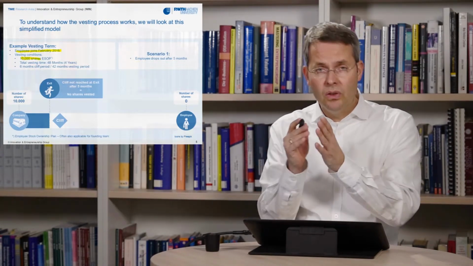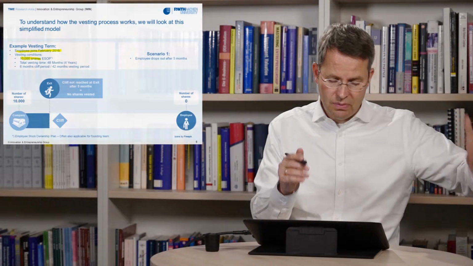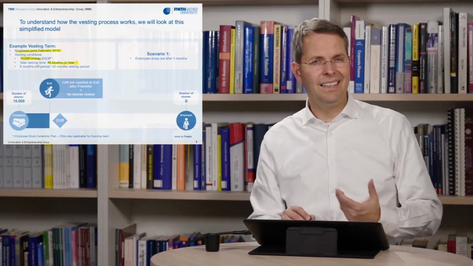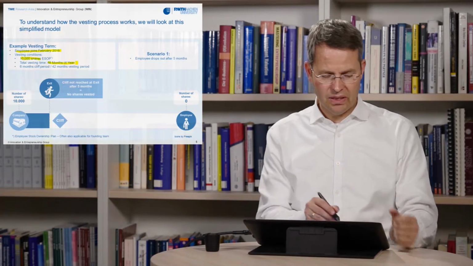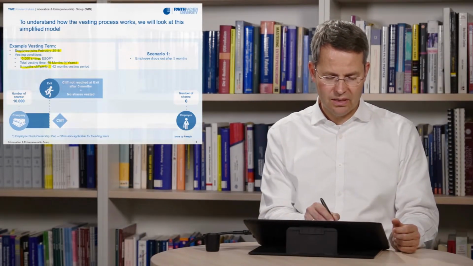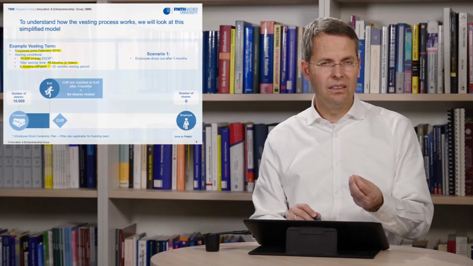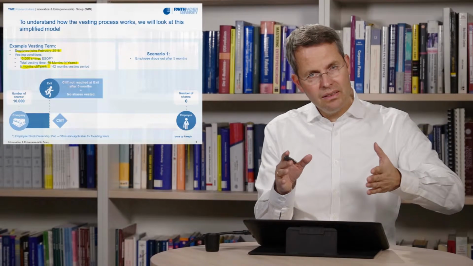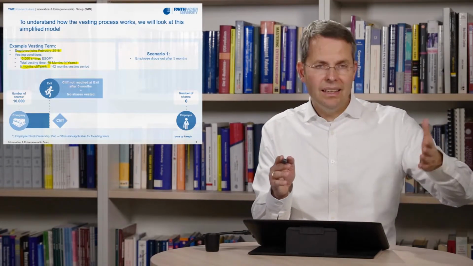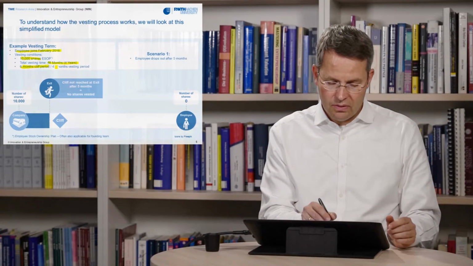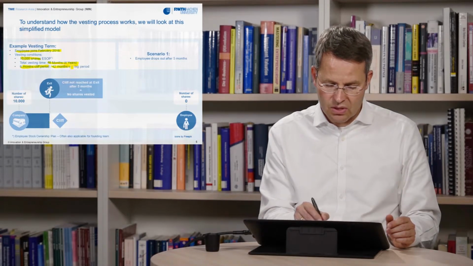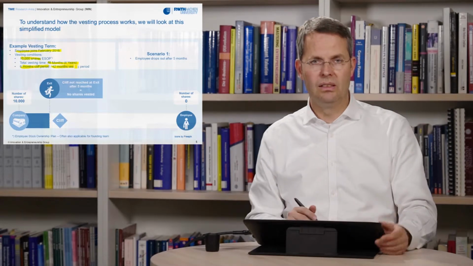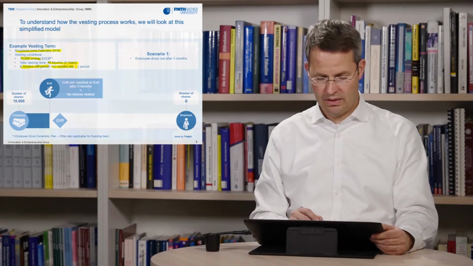However, he has to earn that over 48 months, over the next 4 years. And you have a 6-month cliff period. So within the first 6 months, you won't get any stock options out of that program. And after 6 months, you start getting the stock options over the next 42 months, which is the remaining period until you've reached the 48 months.